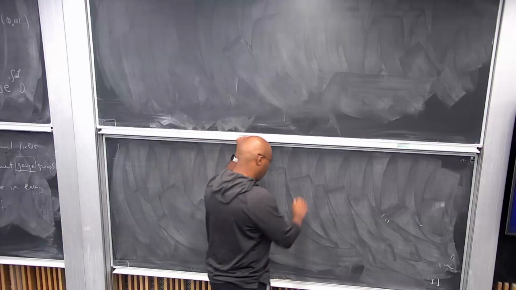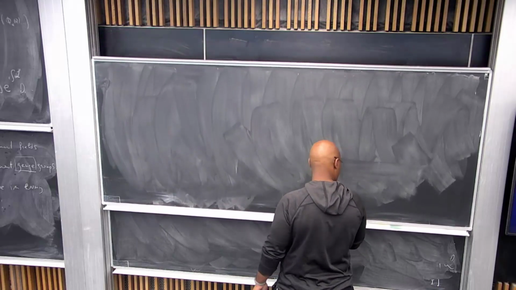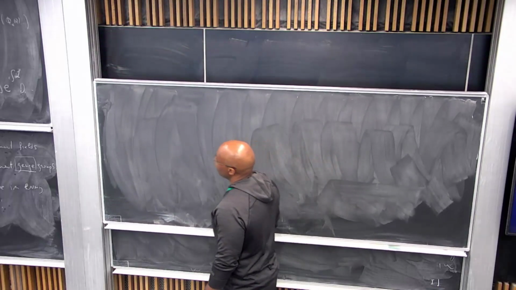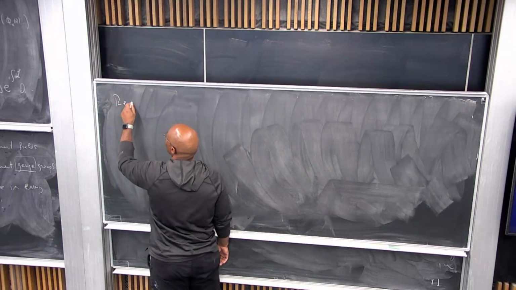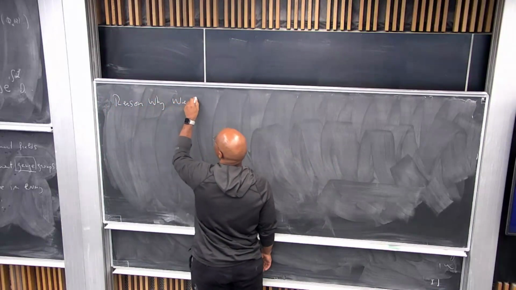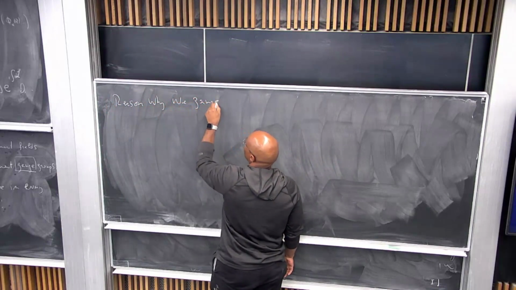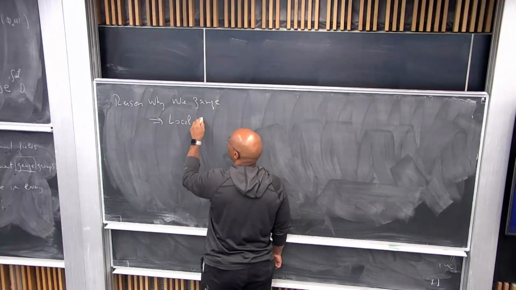It goes to the next point. The reason why we use gauge symmetry is so that we can have local Lagrangians.